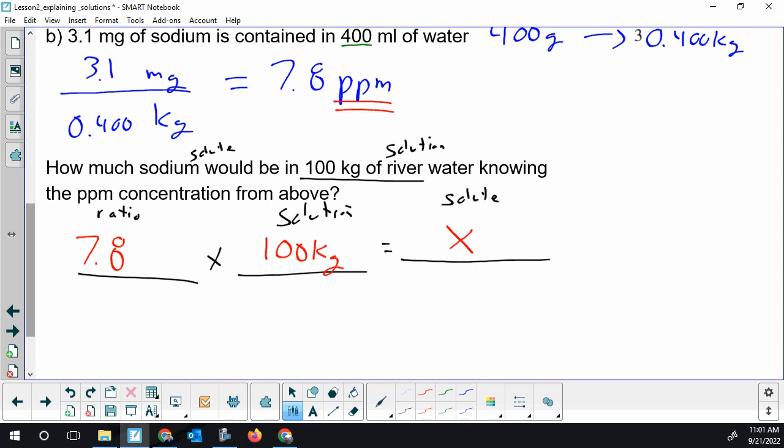So you have to think of what units we want to use. I already see kilograms I put in my solution. So that would lock me into milligrams per kilogram if I'm going to use those solution units. So 7.8 parts per million is like milligrams per kilogram. Once I put milligrams in at the beginning, it means my answer is going to be expressed in milligrams.